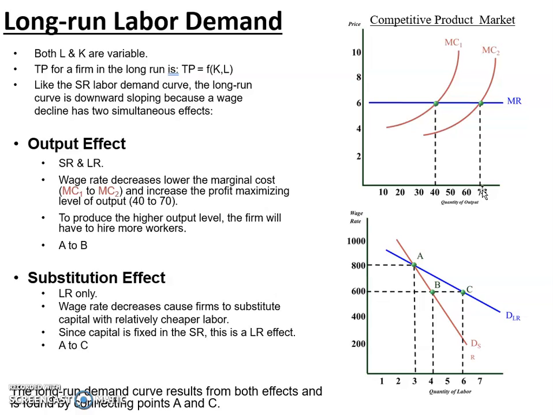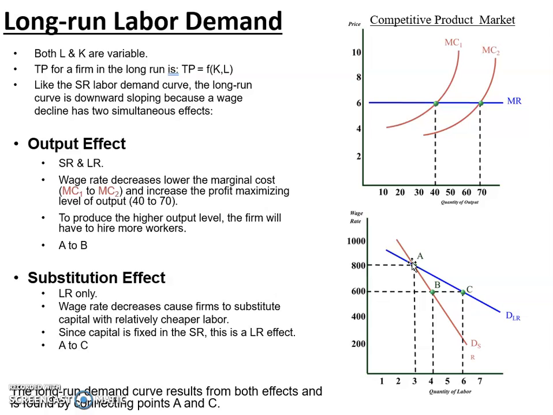You can see that effect in our labor market down here. We have the wage rate on the vertical and the quantity of labor on the horizontal. Let's say we start at point A. Say the firm is paying a wage rate of 800 and profit maximizing with 3 units of labor. Well, if the wage goes down, let's say it drops to 600, the firm, as we just saw, ramps up production and hires more workers.